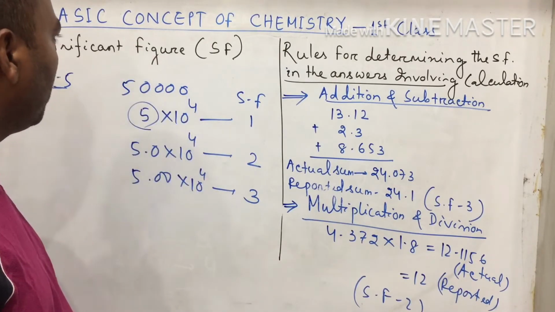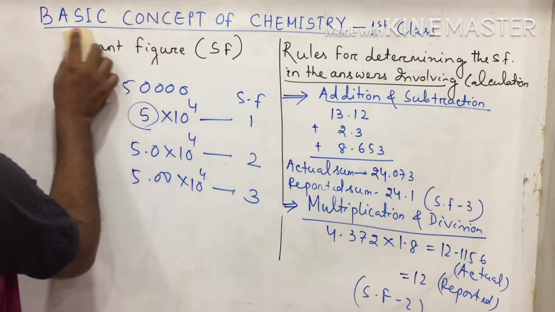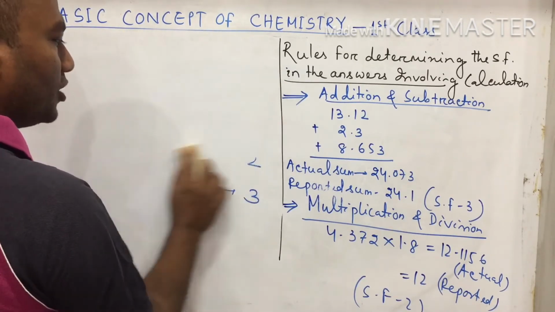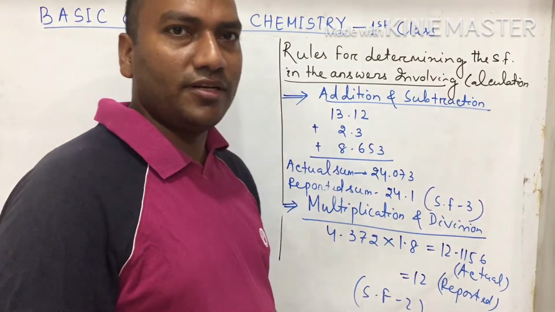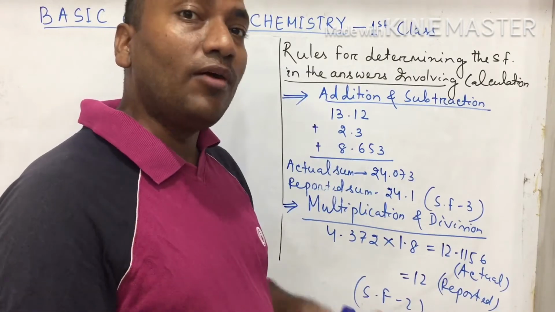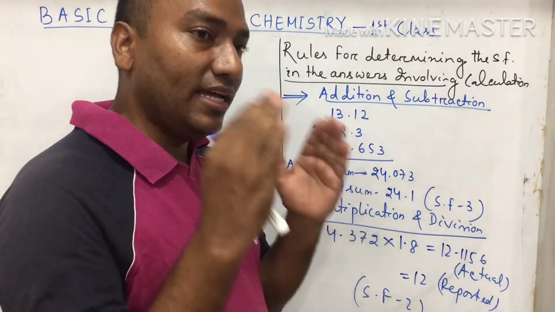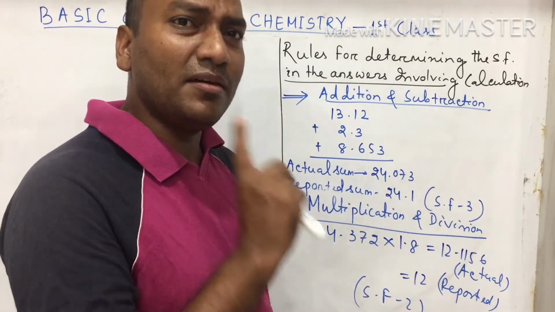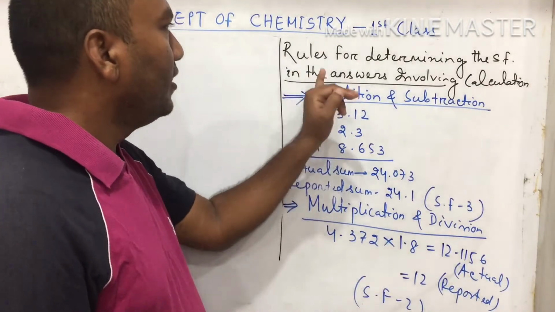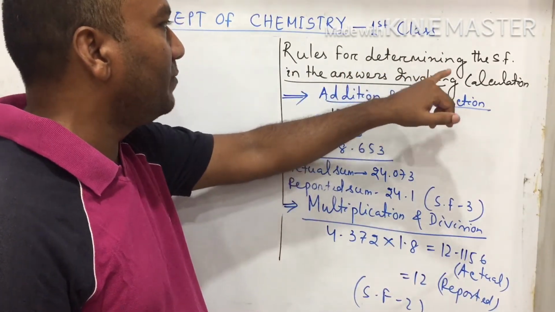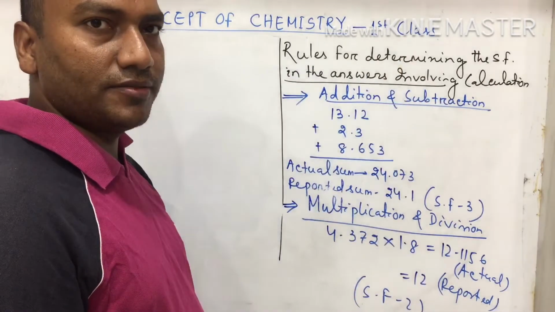When a single number is given, that is how we calculate the significant figure. But sir, if a question comes with addition, subtraction, multiplication, division, then how can we calculate the significant figure, or what is the answer? This is the most important part. So here I have written rules for determining the significant figure in answers involving calculations.